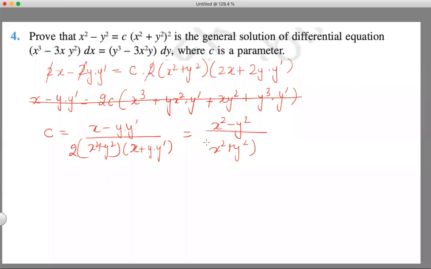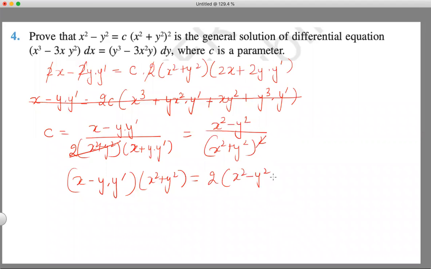And that will eliminate c, right? So I can cancel this out. Now this essentially is all that we have to solve. So we will have this into x square plus y square, and on this side, we will have 2 x square minus y square x plus y y prime.